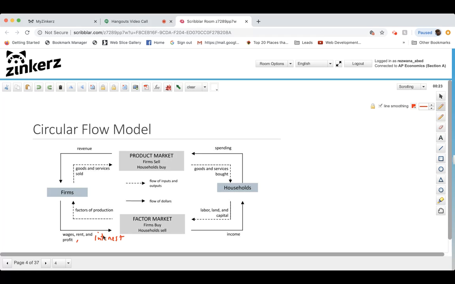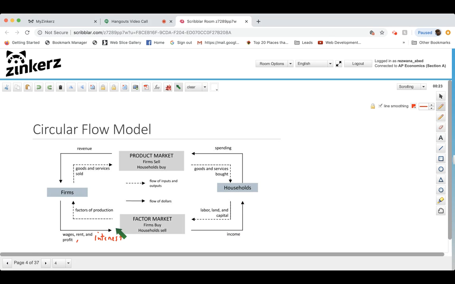So farms have to make payments to households as well, and these payments that farms pay to the households become the income for households. So for someone who's selling labor, they're receiving income. For someone who is renting a piece of land that they own, that also becomes income for them.